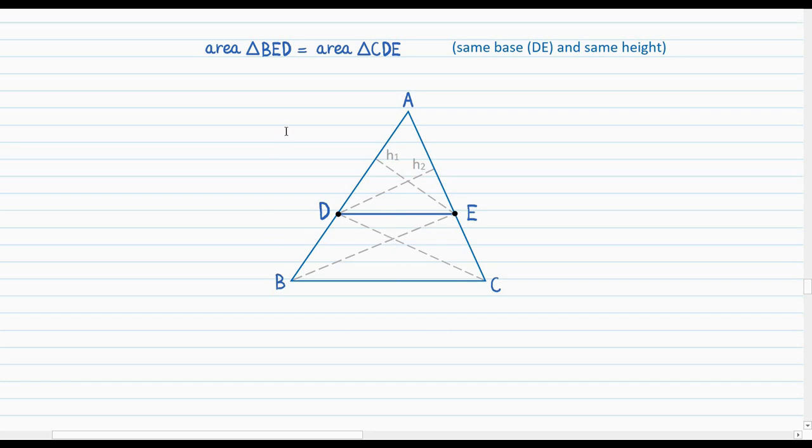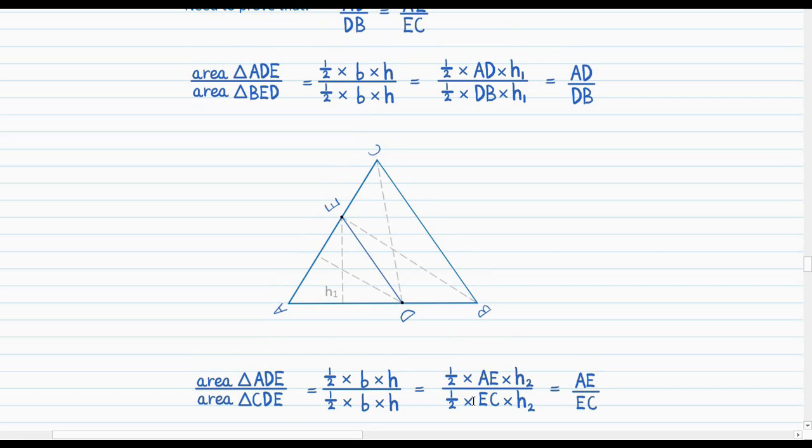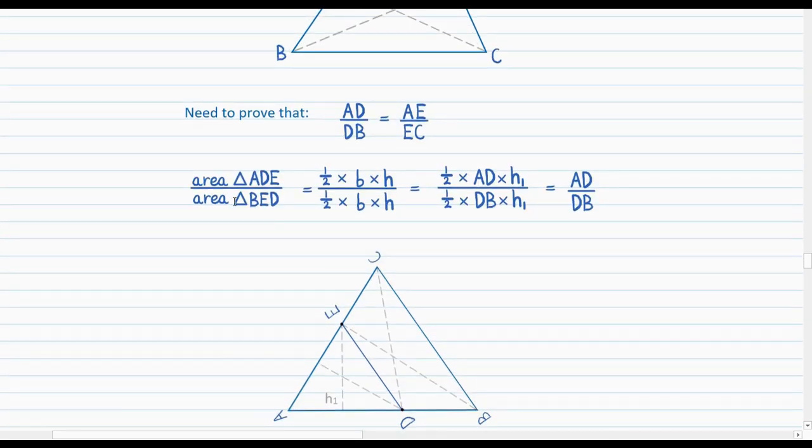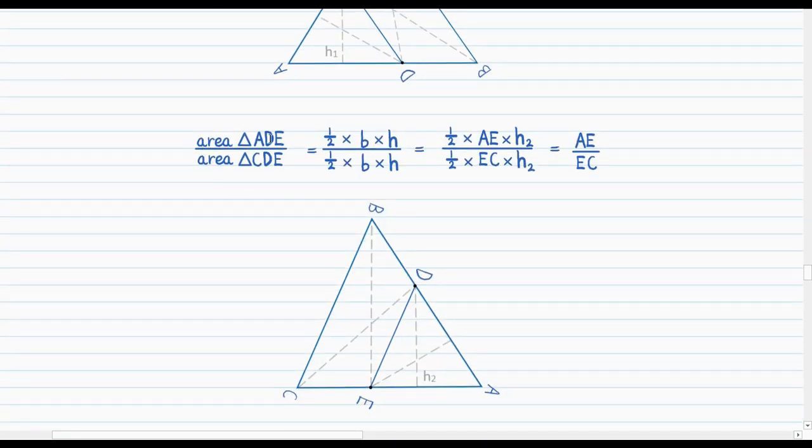So since the area of BED is equal to the area of CDE, we can play around a bit with the previous ratios we determined for the various areas. And just as a reminder, when we first flipped around the diagram, we got the ratio of the area of ADE over the area of BED. Then when we flipped it around again, we got the ratio for ADE over CDE.